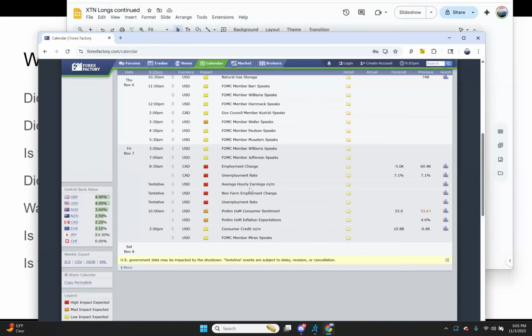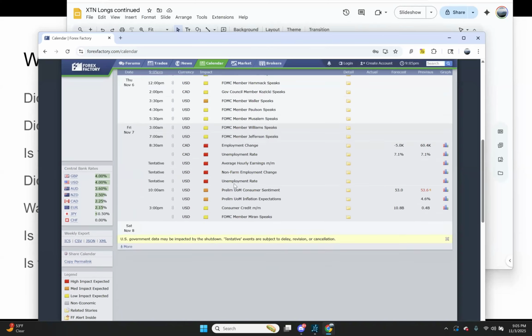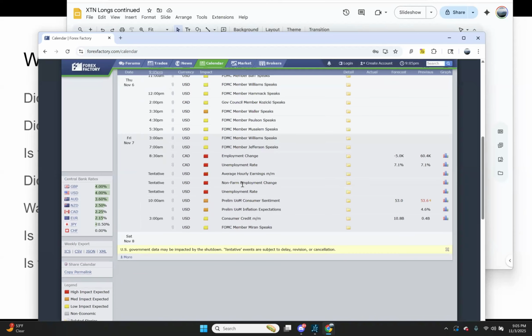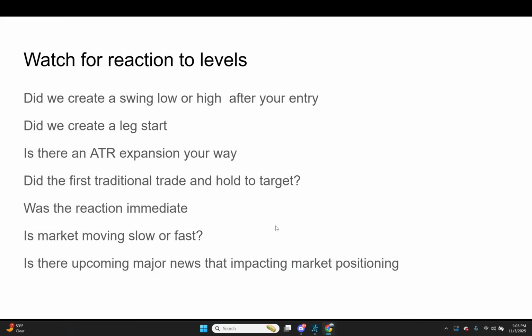So this is where the market is. The market is positioning itself into that Friday move. Realistically, that's the biggest news of the week, Friday morning. I don't know why it says tentative, maybe because of the shutdown, but normally it's at 8:30. So you just got to be aware of those things coming up.